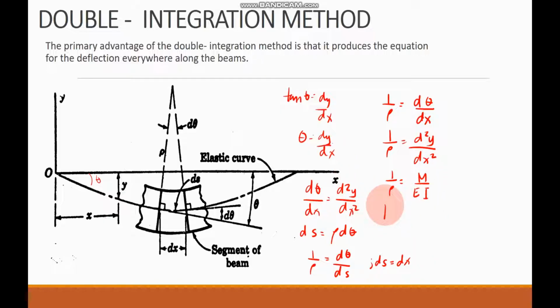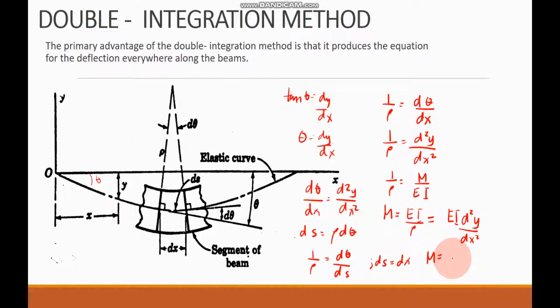So we have our moment is now equal to EI all over rho, on which we can also express that as EI multiplied by the second derivative of y with respect to x. Kasi yung 1 all over rho natin, right, is equal to this one. So, sinubstitute ko lang. Therefore, we now obtained the differential equation of the elastic curve of the beam.